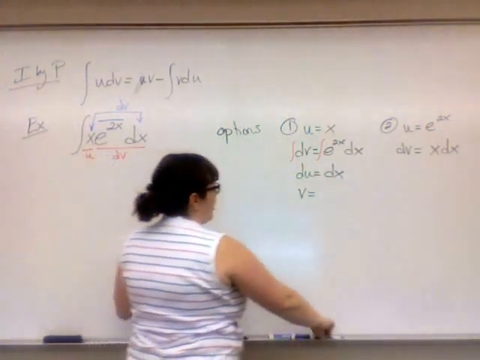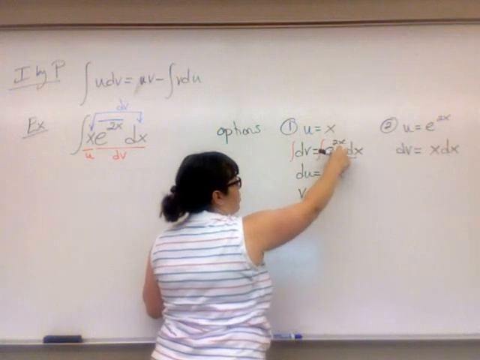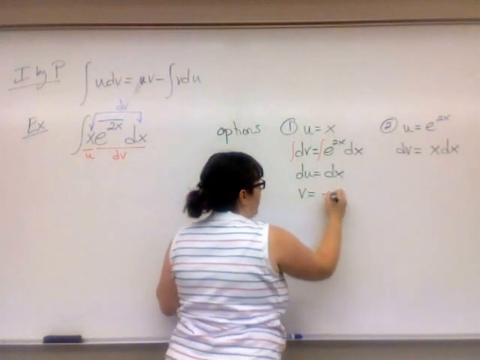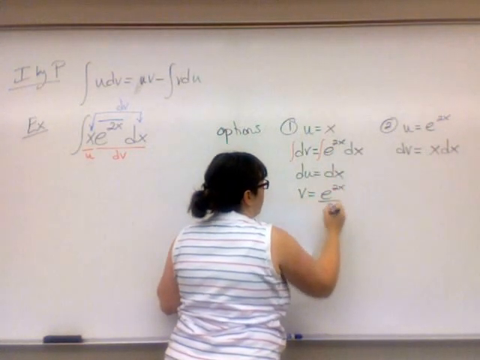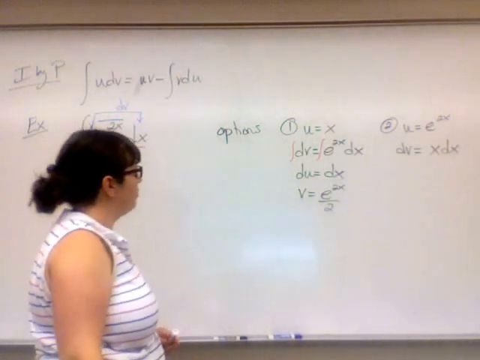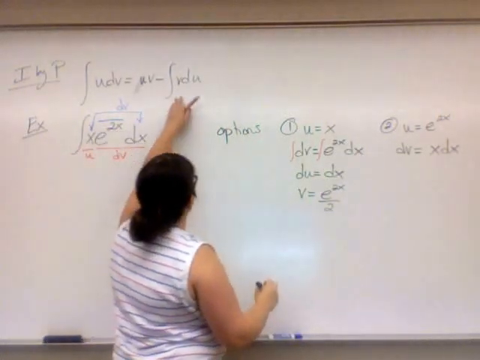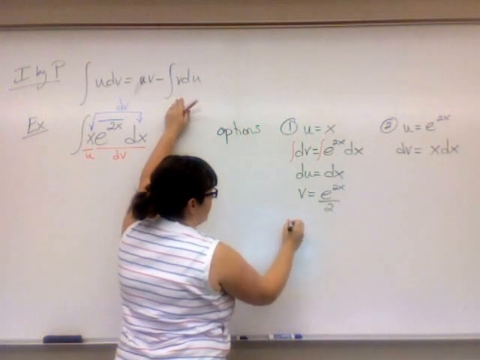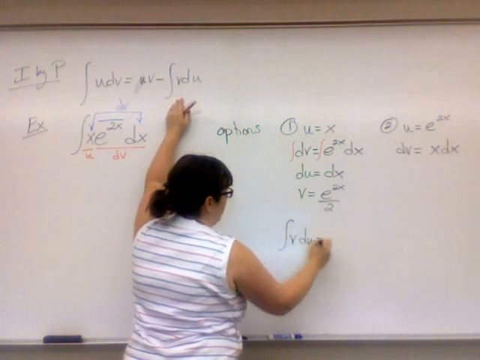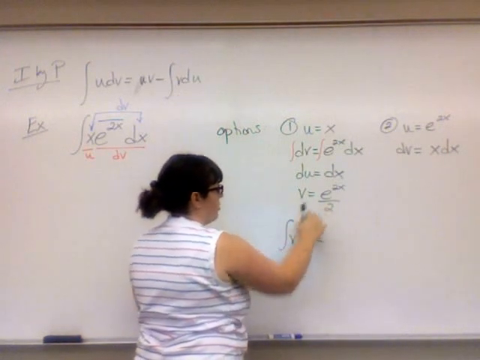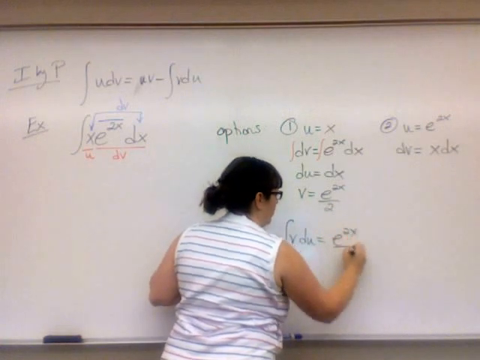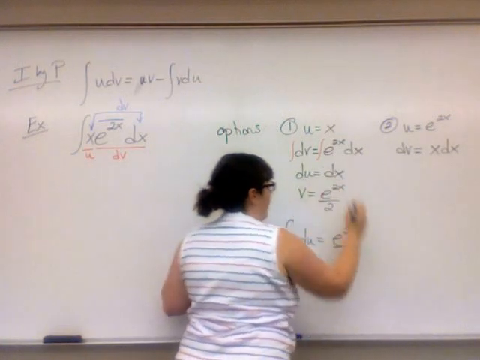So the antiderivative of e to the 2x, that's one of the forms that we've talked about. That will be e to the 2x over 2. So what would the integral of v du look like in this case? The integral of v du would be, well, here's v, and du is dx.